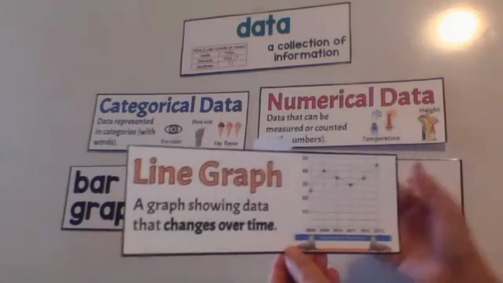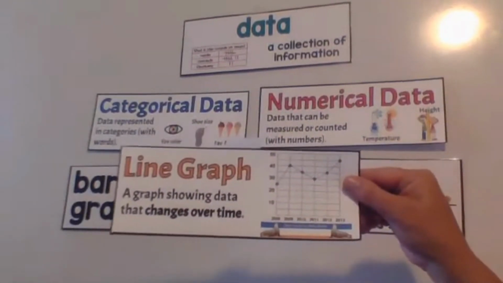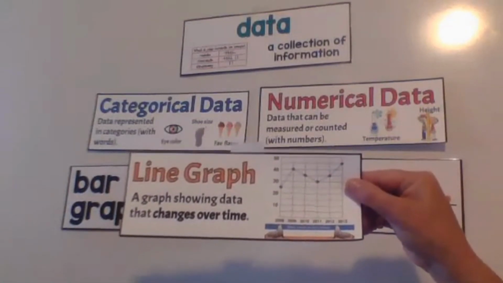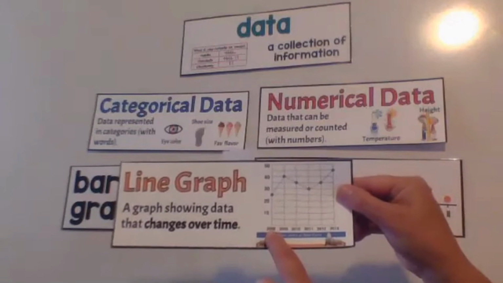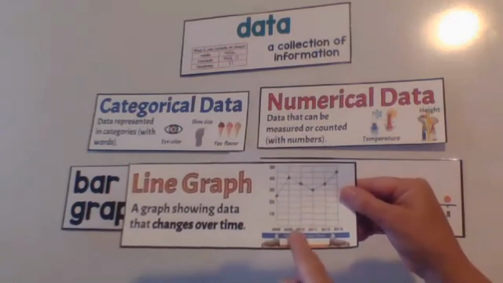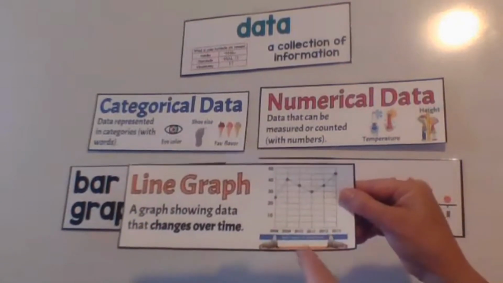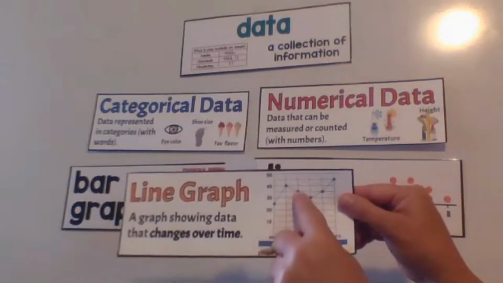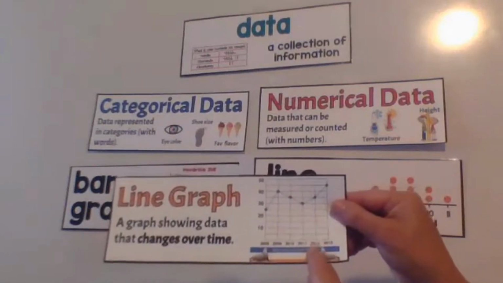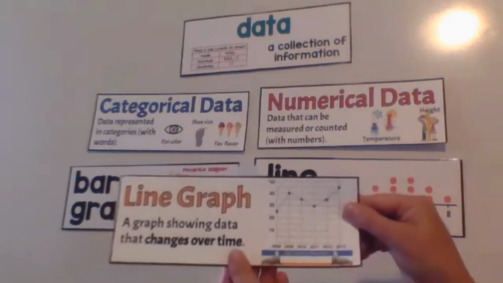Now, on this particular line graph, they wanted to see how many seals come out at seal point over years. So you can see at 2008, 25 seals came out. Then the next year, 2009, 40 seals came out. 2010, 35. 2011, 30, 2012, 35, and 2013, 45.